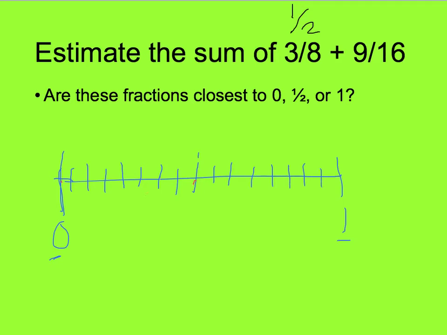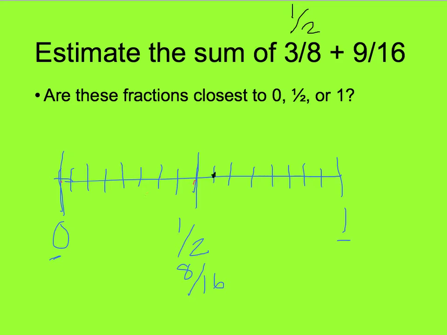This line right here in the middle is still going to mark my 1/2, which with a denominator of 16 would be 8/16. So again, we're going to plot our 9/16 on there and figure out which one it's closer to. I know that my half mark is 8, and so one more over is going to be 9.